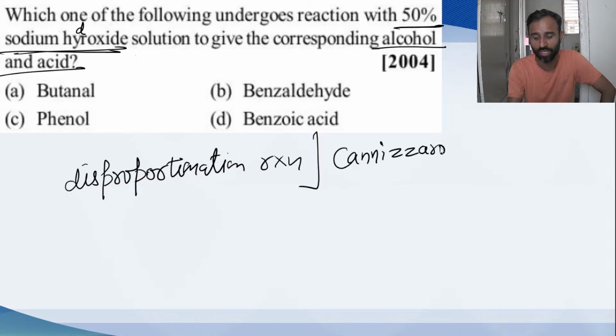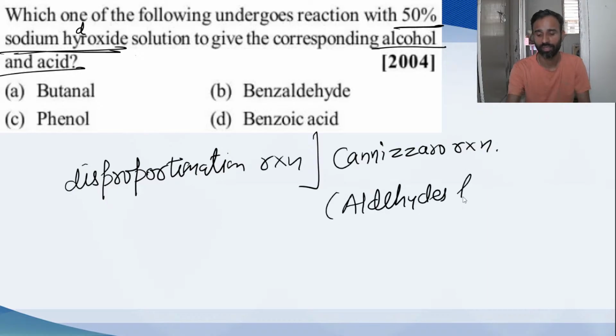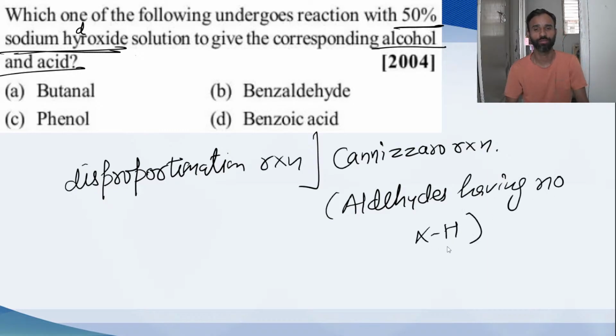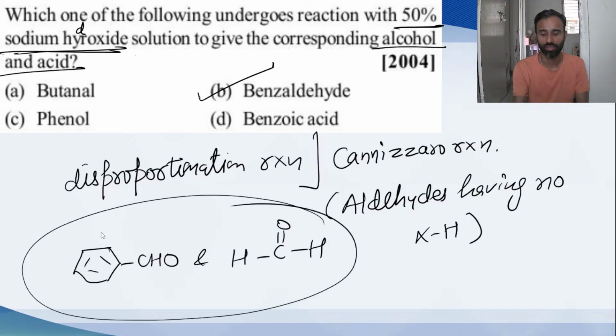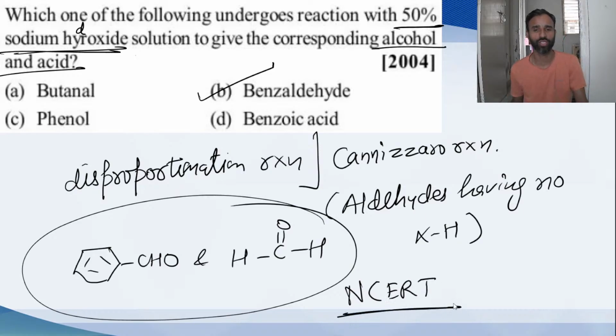That is a Cannizzaro reaction, and Cannizzaro reaction is shown by those aldehydes which have no alpha hydrogen. So which one of them has no alpha hydrogen? Benzaldehyde and formaldehyde. These are two options given in the NCERT under Cannizzaro reaction.